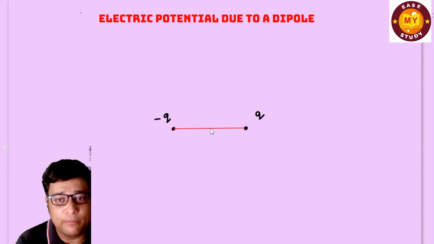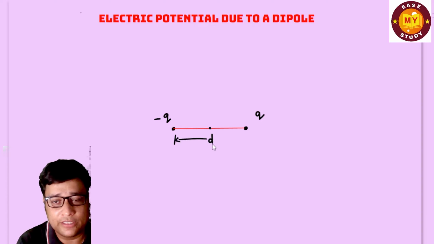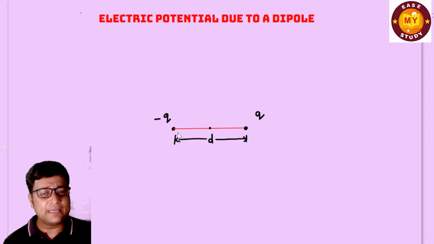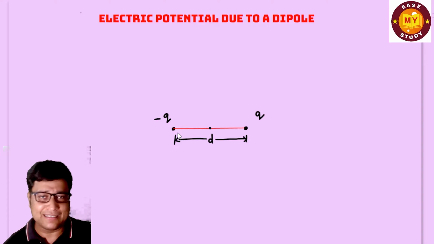Now you have to mark the center of the dipole, which is the midpoint. The distance between the two charges is the separation, D. So this is the basic electric dipole: minus Q, plus Q, and the distance D is given.